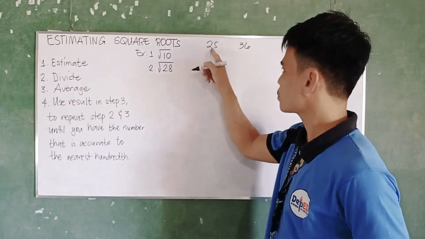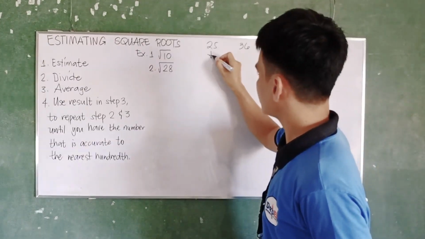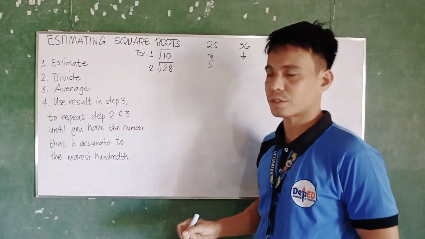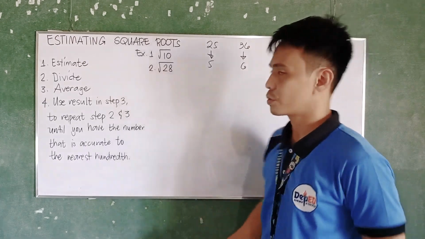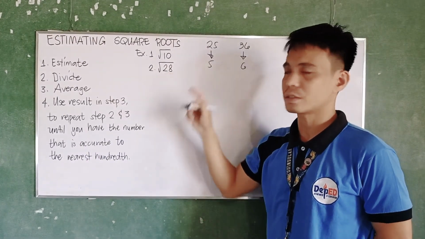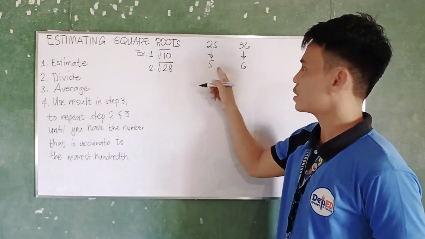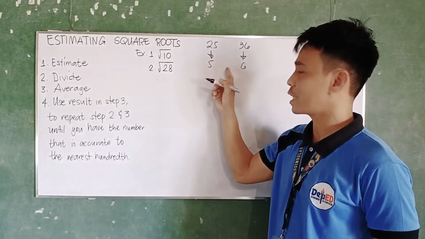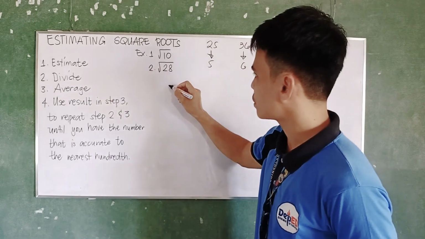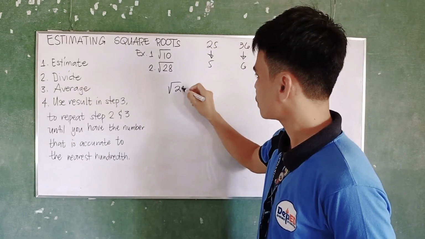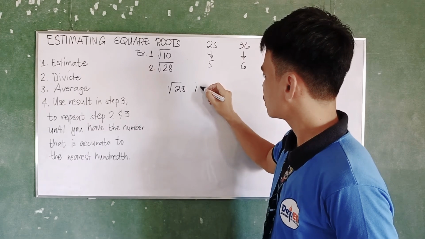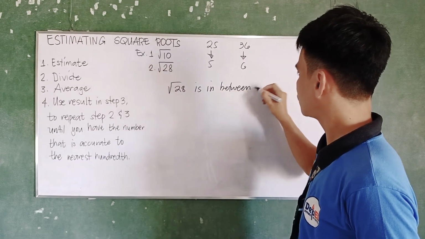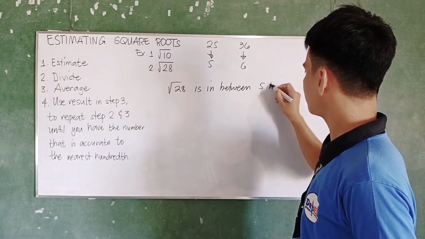So, therefore, the root of 25 is 5 and the root of 36 is 6. So therefore, your square root of 28 estimated value is in between 5 and 6. So nandiyan sa pagitan ng 5 and 6. So therefore, this is square root of 28 is in between 5 and 6.